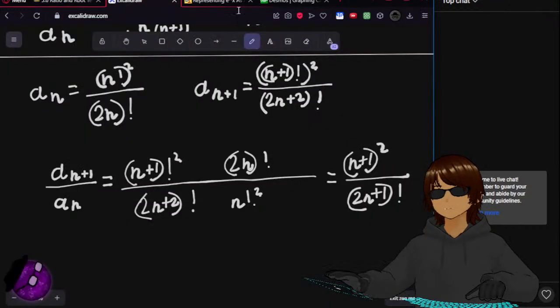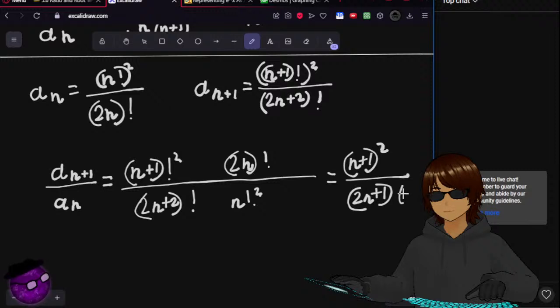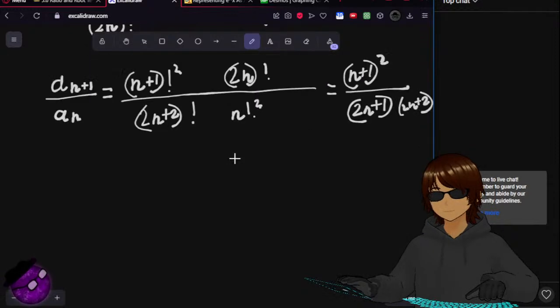Oh wait, it's not factorial. What am I doing? It's this. I can extract 2 from here.